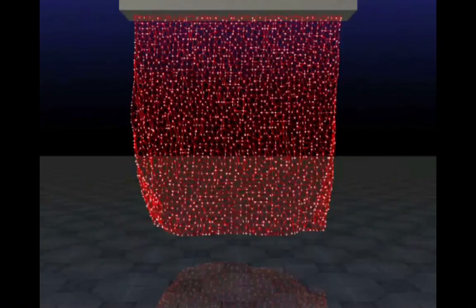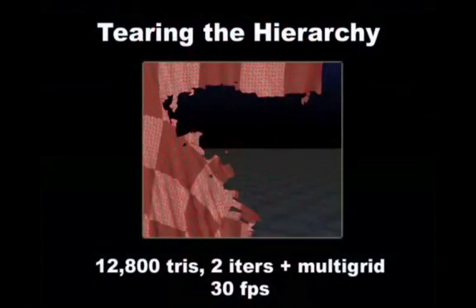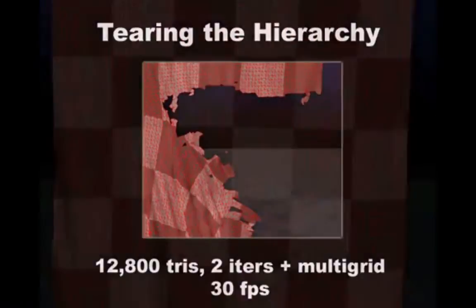Here you can see the levels, of course, are defined going from the finest level. And you can do either irregular or regular discretizations. Sort of cool that you can still do tearing, because then you have to update all the levels of the hierarchy.